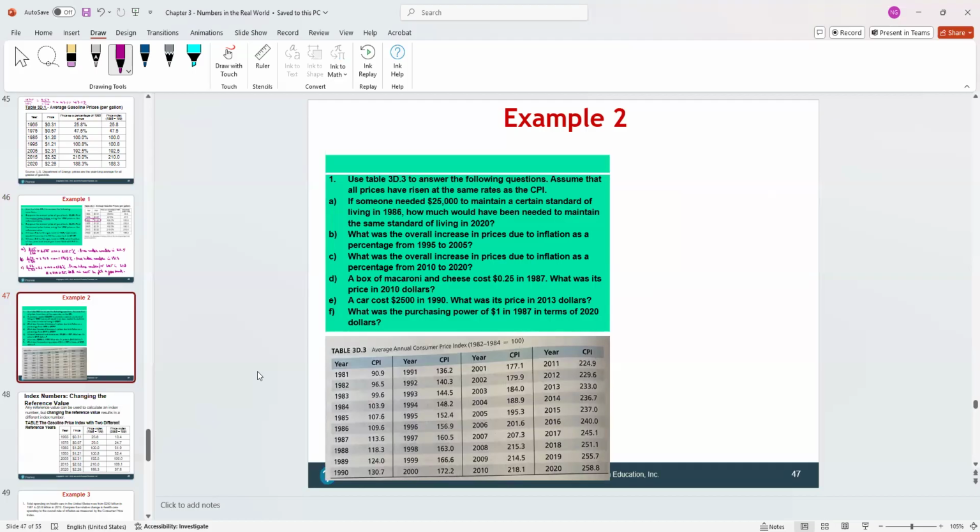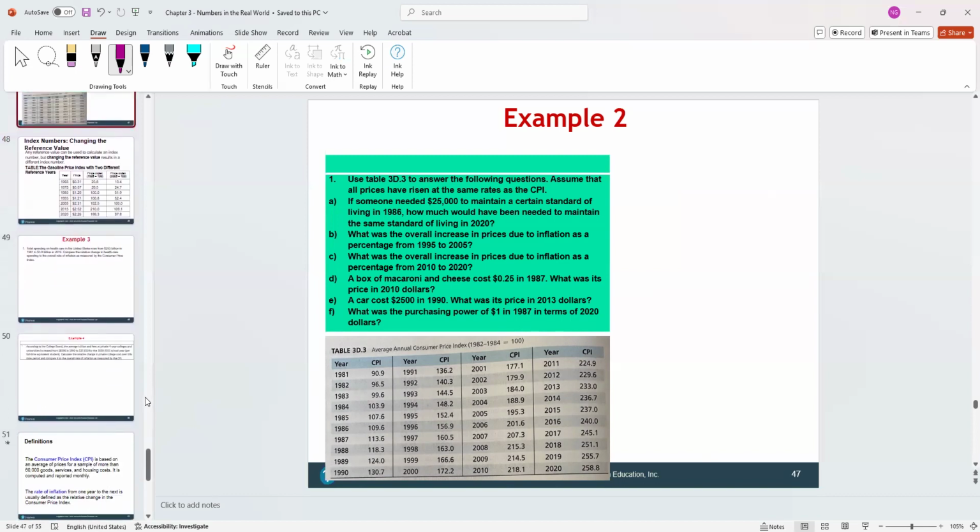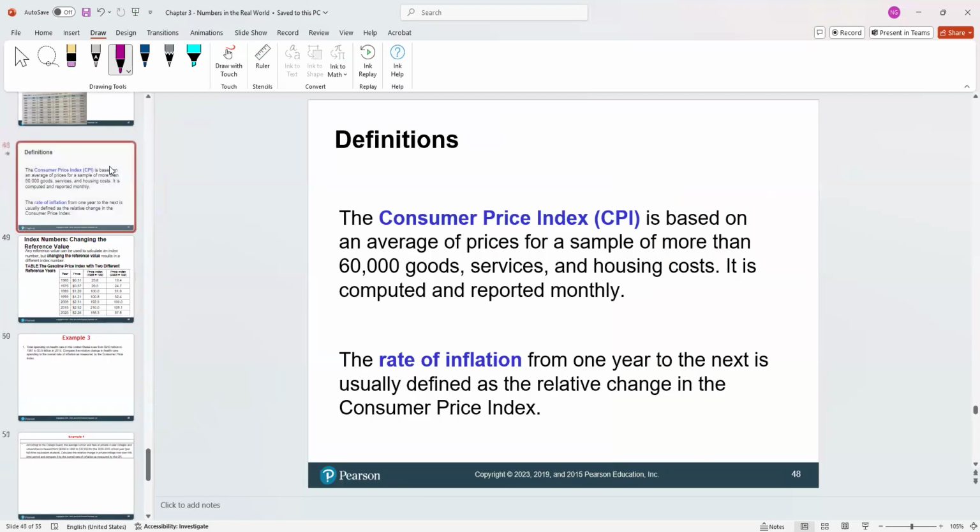Assume that all prices have risen at the same rate. I think we need to go through the consumer price index first.